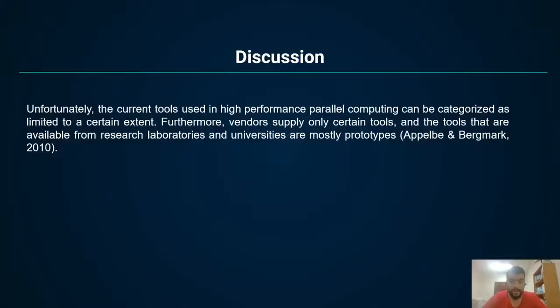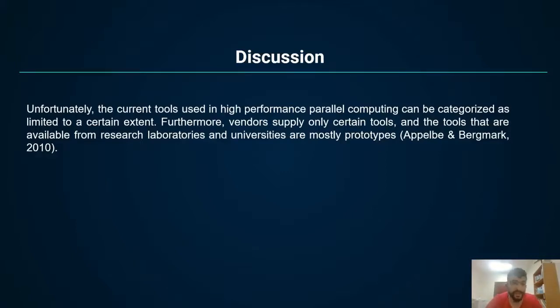Finally, after the literature review that we have been through, we come to the fact that, unfortunately, the current tools, like the tools, frameworks, and software that we have mentioned, are suffering from limitations in the industry for research in high performance parallel computing. These tools are considerably limited.